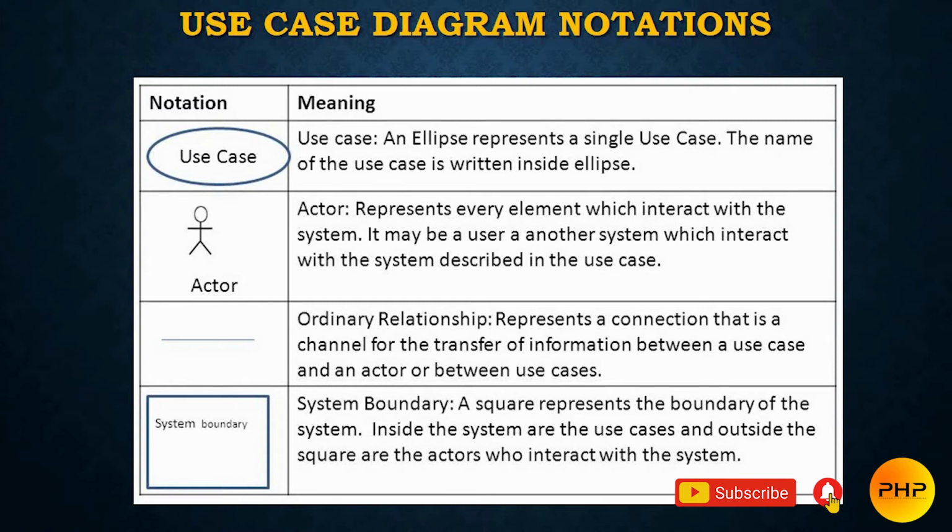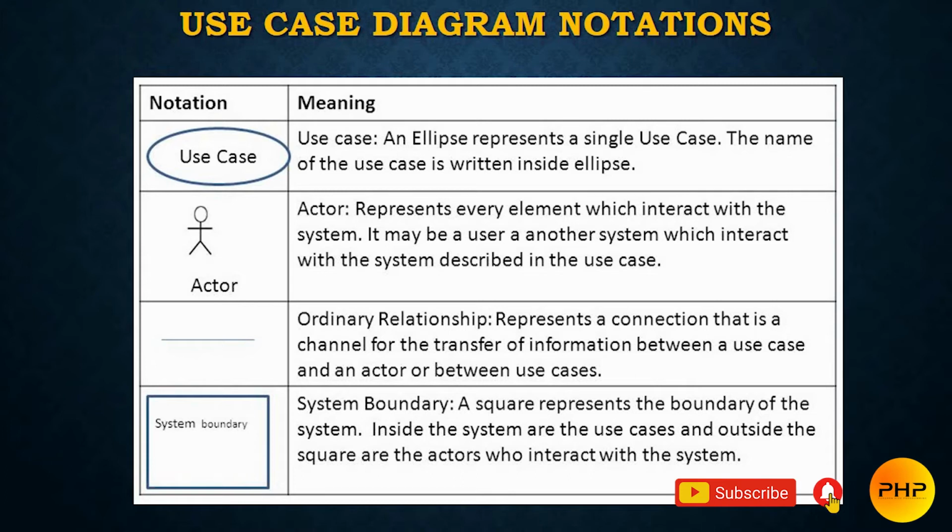So for the use case diagram, we have this oval symbol here, which is called the ellipse. If you do mathematics, you understand this ellipse. This oval represents the use case. You get it, and the use case basically represents the functions of the system.